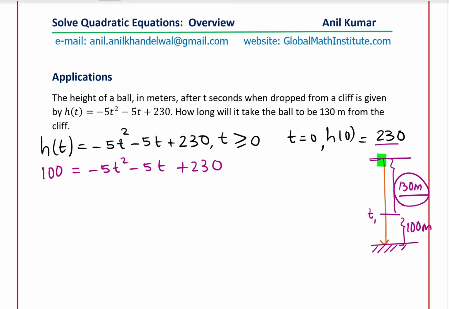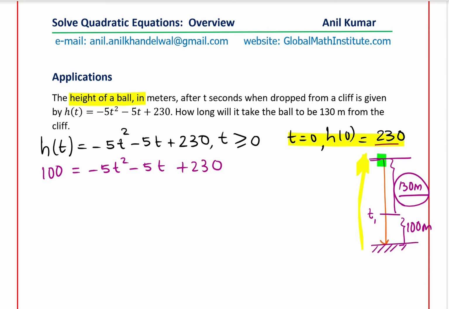Once again, the height of the ball in meters after t seconds when dropped from the cliff is given by this expression. So this height is being measured from the ground. You get the idea. When t was 0, the height was 230. It makes sense. It was very high.